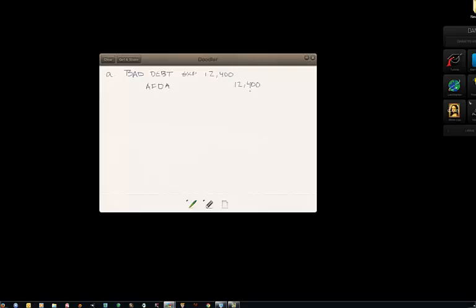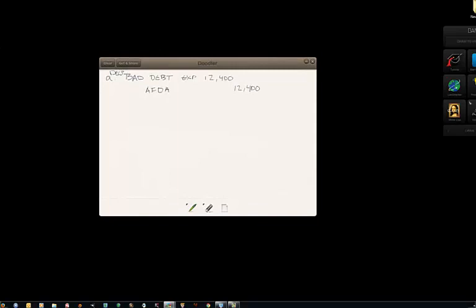April 3rd, wrote off Edward Innes account of $4,200 as uncollectible. Since we're using the allowance method, not a direct write-off, we debit allowance for doubtful accounts, not bad debt expense.